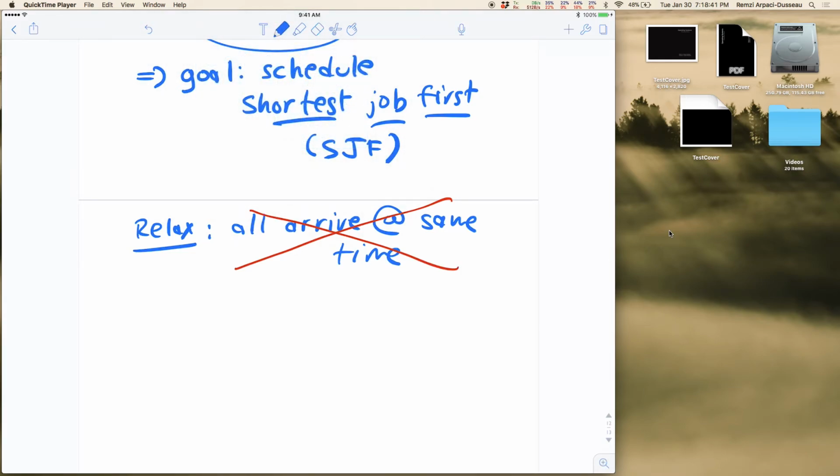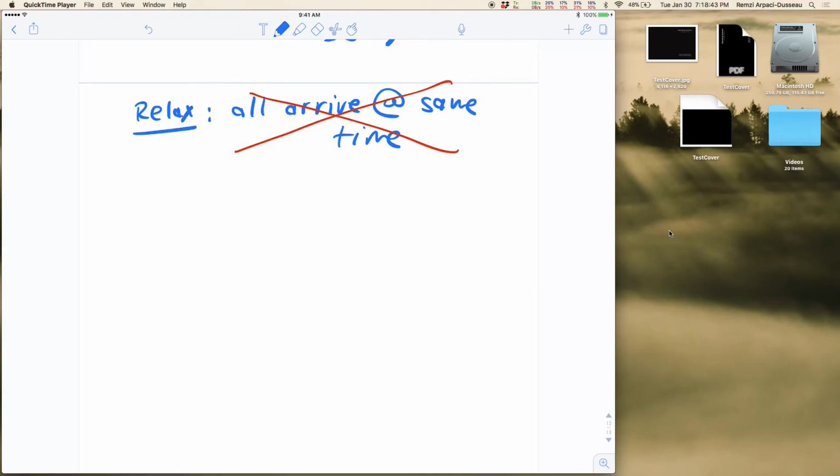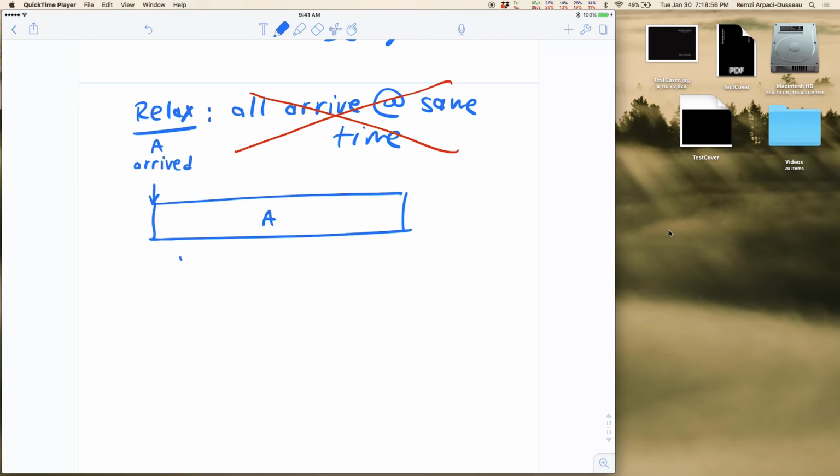And so what we're going to do now is just say what happens if a job arrives later. Let's say we have A. A arrived, and A normally would run for a very long time. So A arrived here. But then, just a little bit into its running, B arrives.